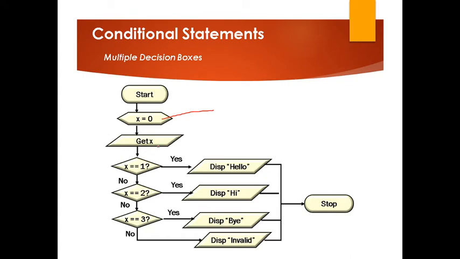If the user inputted 1, it will go directly and display hello on the screen. But if not, go to 2, check. If not, go to 3. If the input is still not 3, if 4 is inputted, it goes here and displays invalid. Then terminate or end the program.